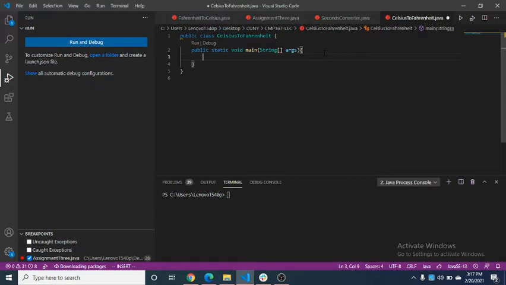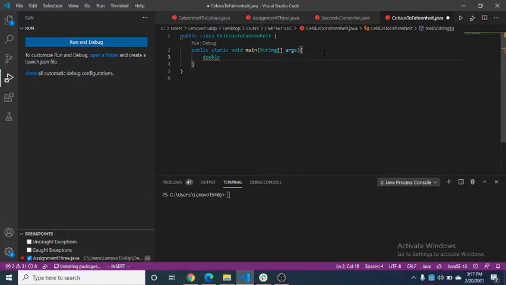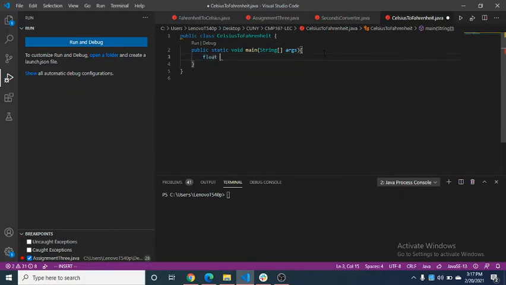I know I need two variables, right? Remember, this is Celsius to Fahrenheit. The homework is Fahrenheit to Celsius, but okay. So I'm going to use a double data type, actually, we can use float also. Let's use float, because I feel like temperatures aren't that large, right?